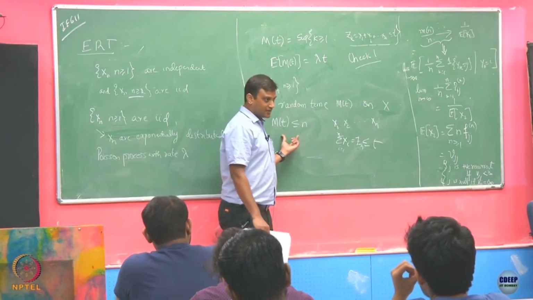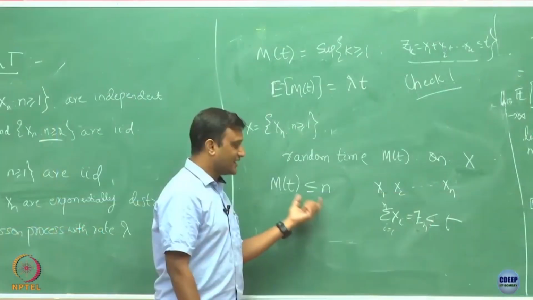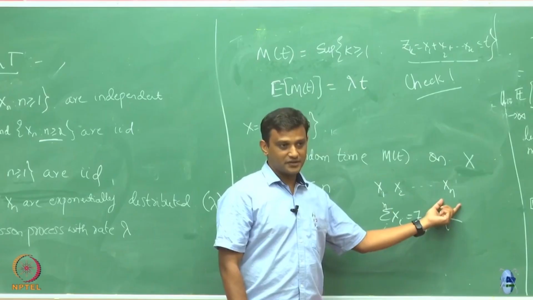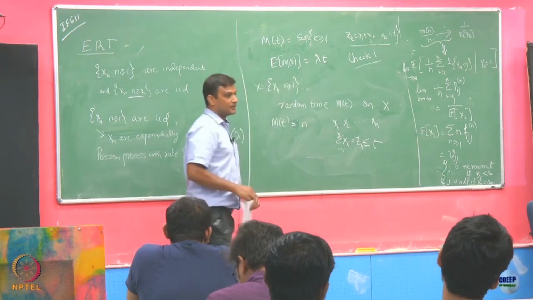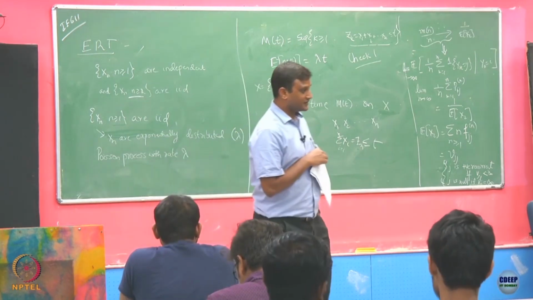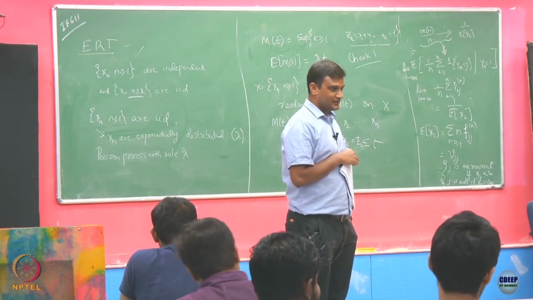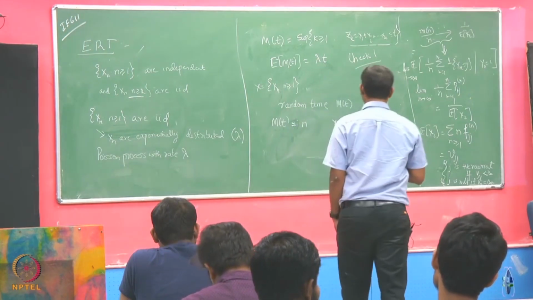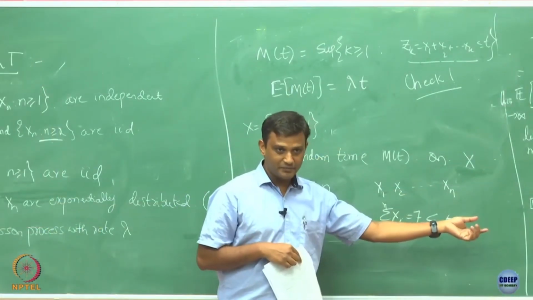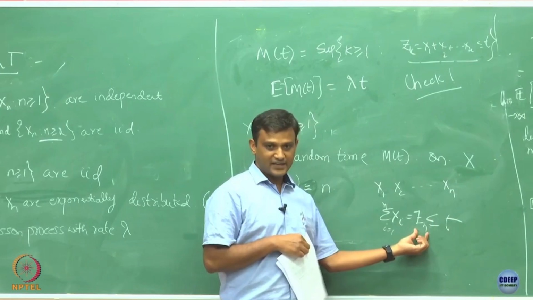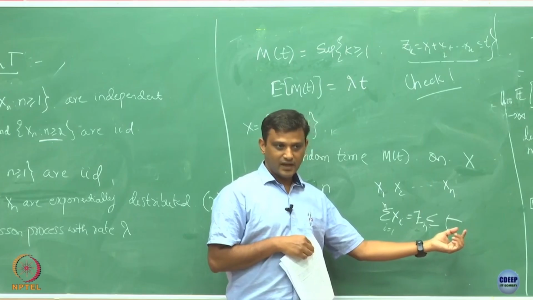That is what we want to answer, whether m of t is going to be less than or equal to n. The question is, can we answer this based on this information? Oh sorry, I want to ask this question: whether m of t is equal to n, can I answer this question completely? So it depends. Unless I know that the Xn plus 1 that is going to happen has to happen after time t, that if I add Xn plus 1 to this sum, it is going to be larger than t, I can't say this, right?